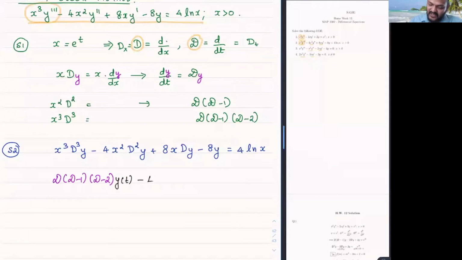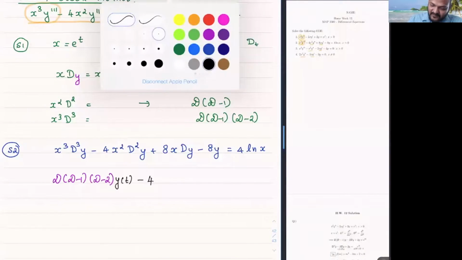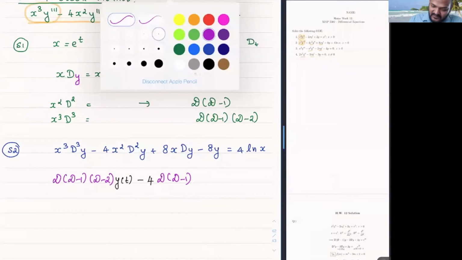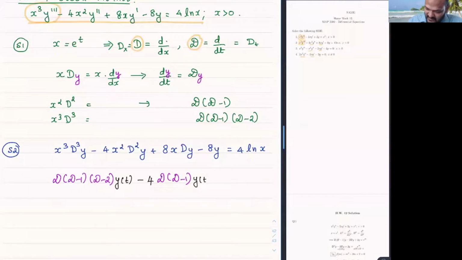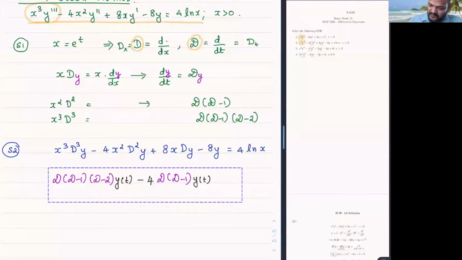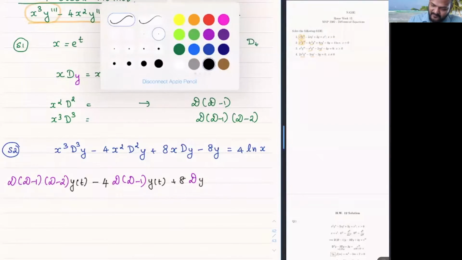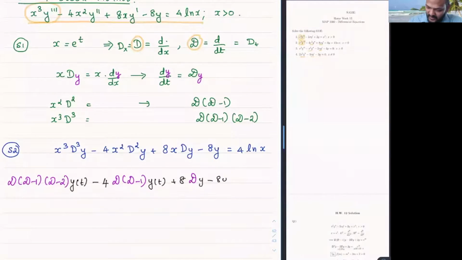Minus 4 times script d of d minus 1 of y of t, and then plus 8 script d of y, and then minus 8y. Again, whenever I say y here, y is a function of t, right?